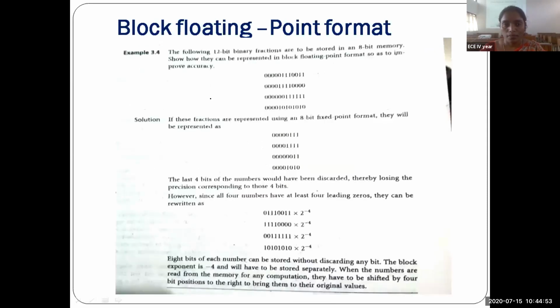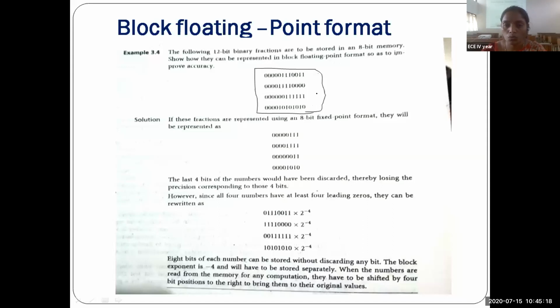Next, block floating point format. See here, just see the question, first question. The following 12-bit binary fractions are to be stored in 8-bit memory. Okay. See, I am taking 4 numbers which contain 12 bits, but my memory is only 8 bits.